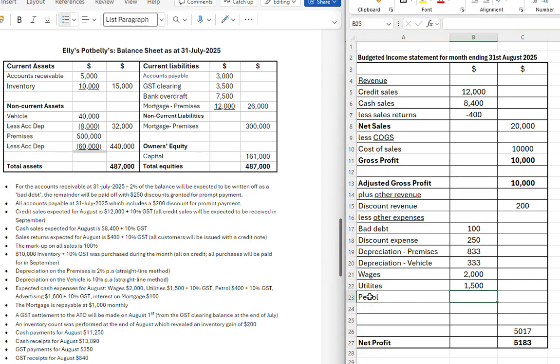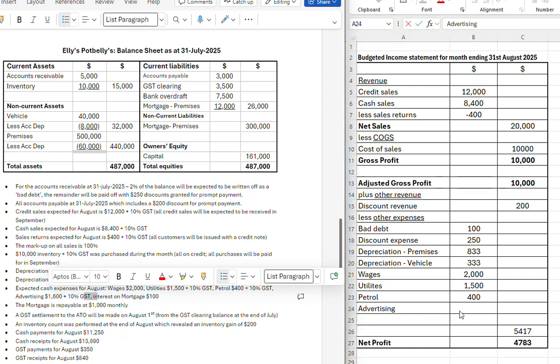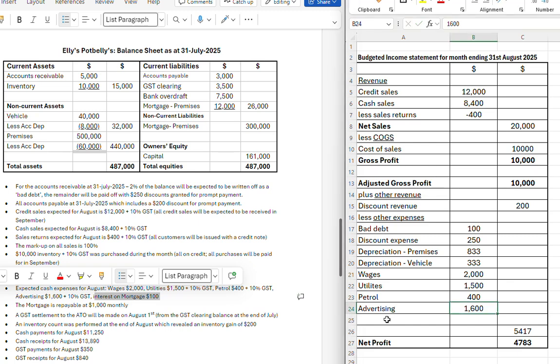Again, ignore the GST. Doesn't affect our expenses. Advertising. Again, I'm just working these figures down the bottom here. 1,600 for advertising. And finally, we've got some interest on the mortgage. Okay, that's an expense. The cost of our mortgage.